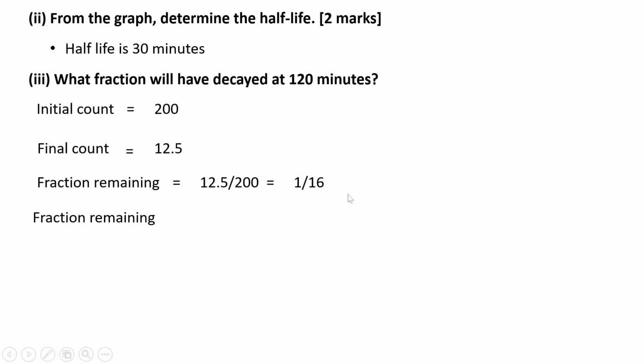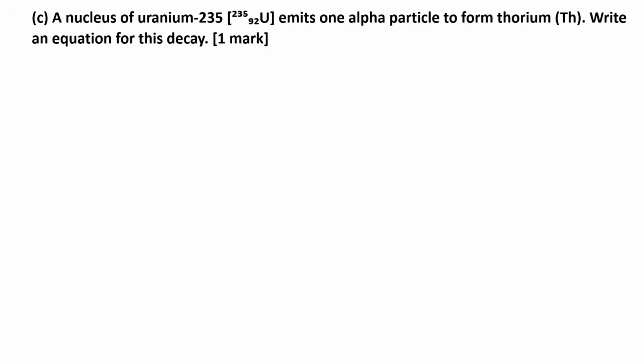Then the fraction decayed is 1 minus 1 over 16, you get 15 over 16. That is the answer. Then we move to the next question, which is the last one.